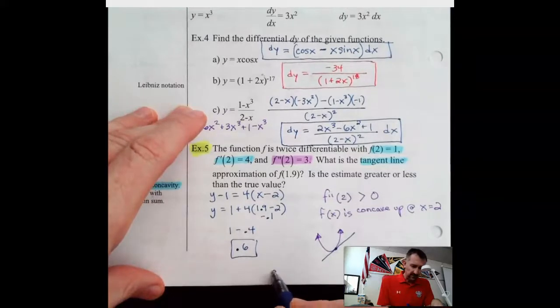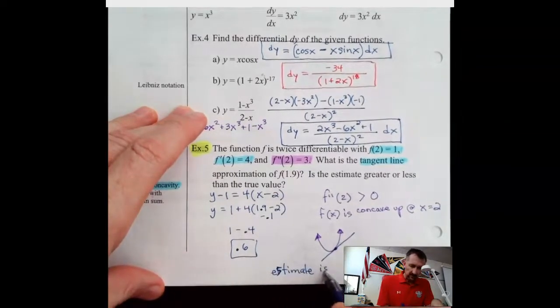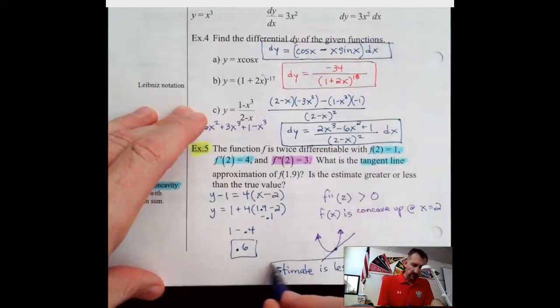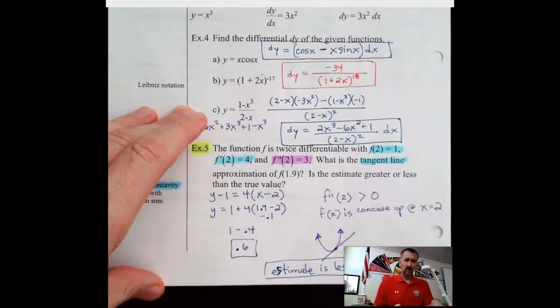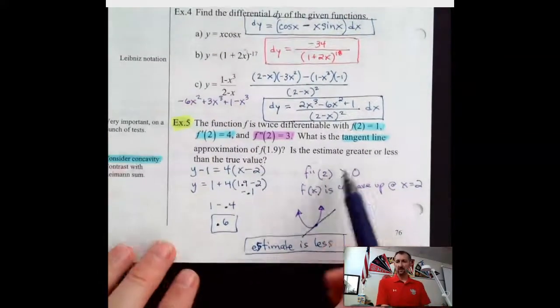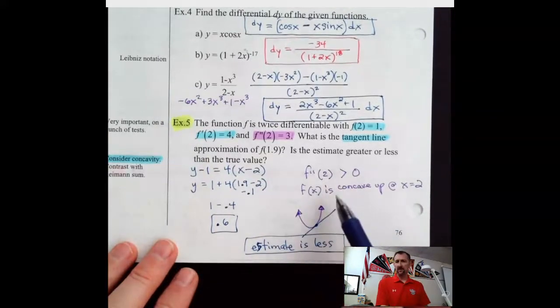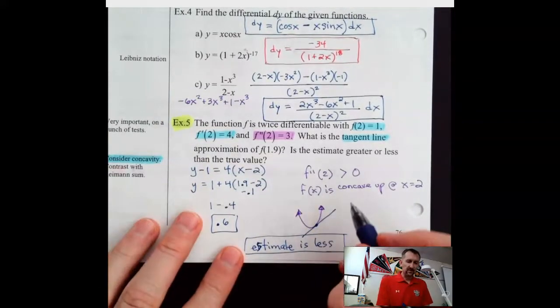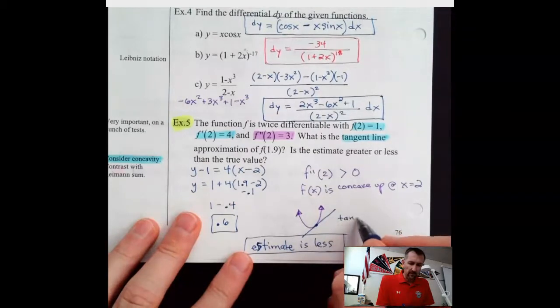So the estimate is less, it's an under approximation. And why? This is our reason: saying that it's concave up, the tangent line will be below.